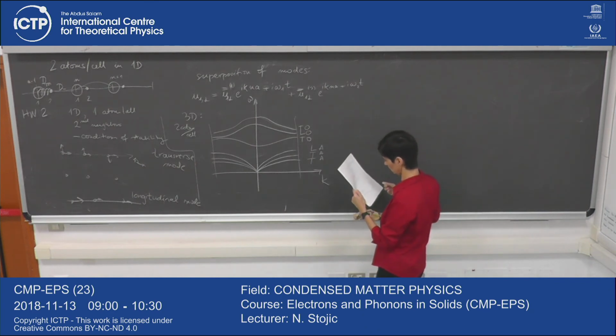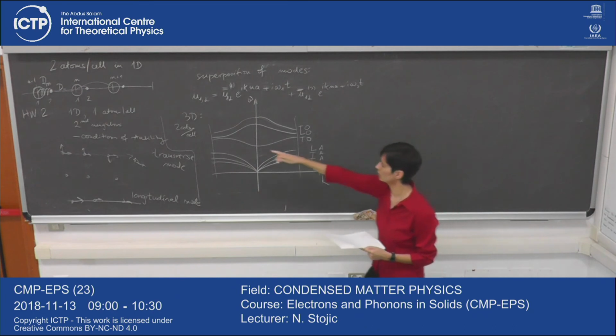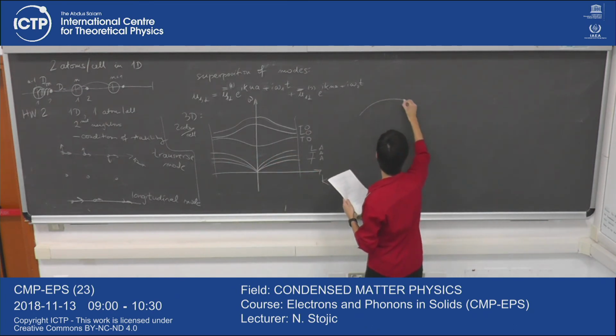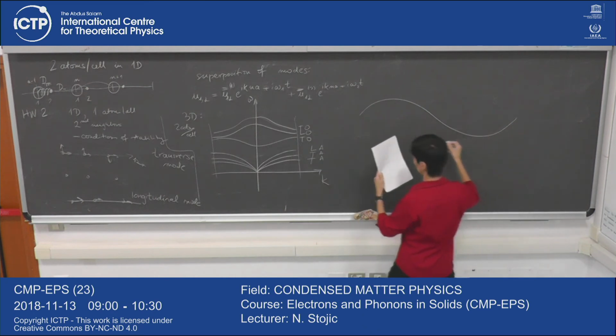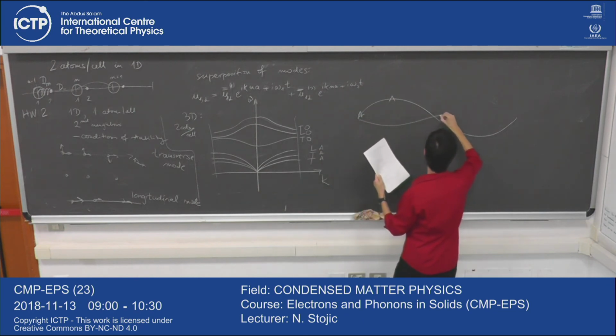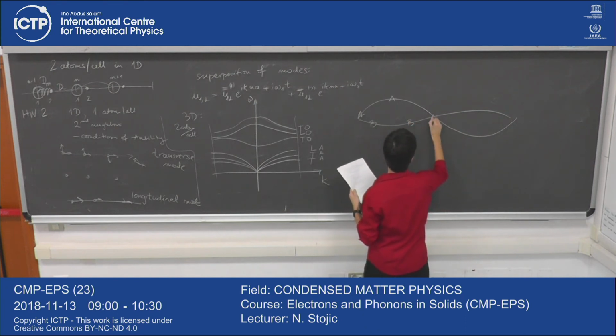So let's say in a transverse mode you have two atoms per cell. How will they move? It will be atom A, and then atom B, atom A, atom B.